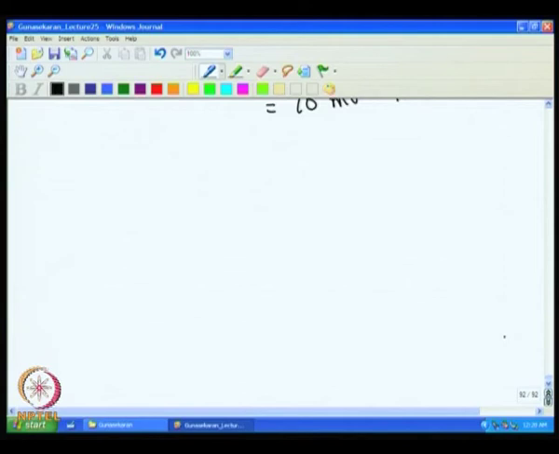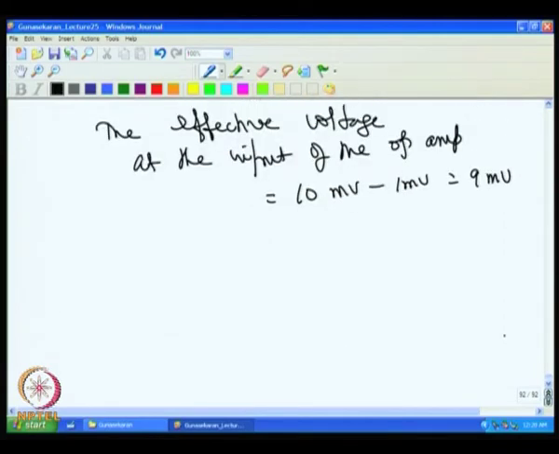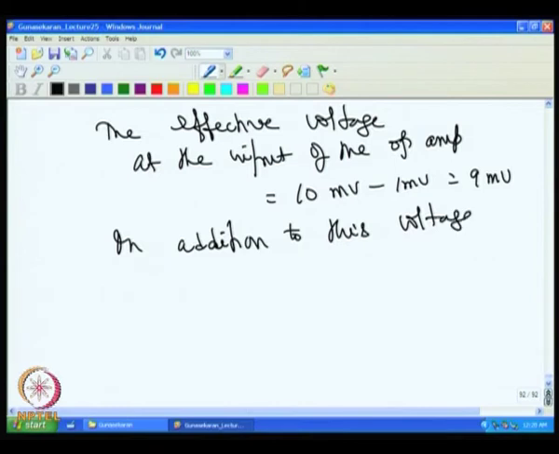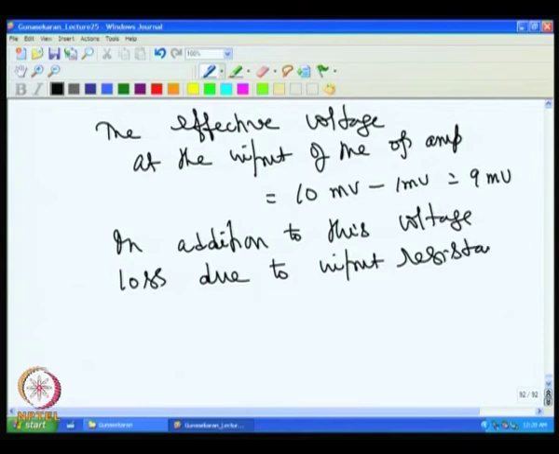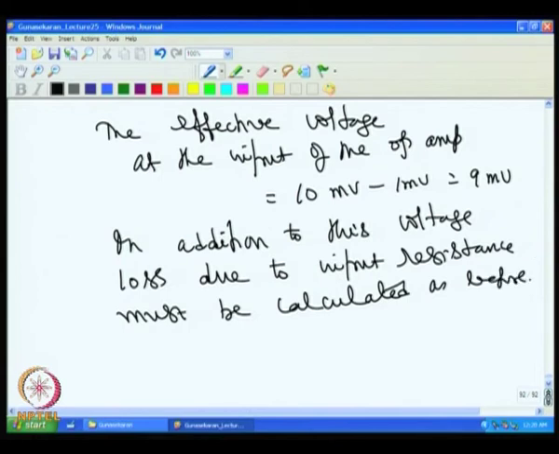In addition to this, you will have the voltage drop error due to the input resistance. So, in addition to this, the voltage loss due to input resistance must be calculated as before, which is the same for both cases.